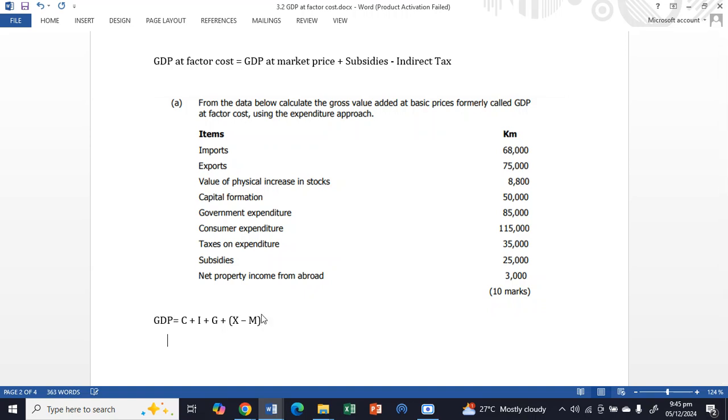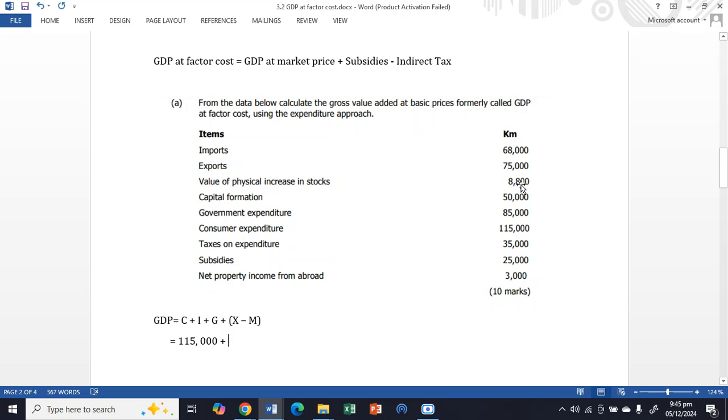So for here, we have consumer expenditure 115,000. We have this value of physical increase in stocks and capital formation. These two fall under the investment expenditure.